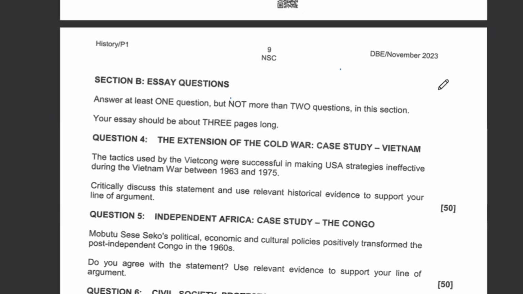The war that we're talking about was fought between the communists in the North and the South. The Northern Vietnam division was following communist ideas, and the Southern Vietnam was following capitalistic ideas. And we know well that based on the ideology of the Cold War, there were countries inclined to the communist ideology.